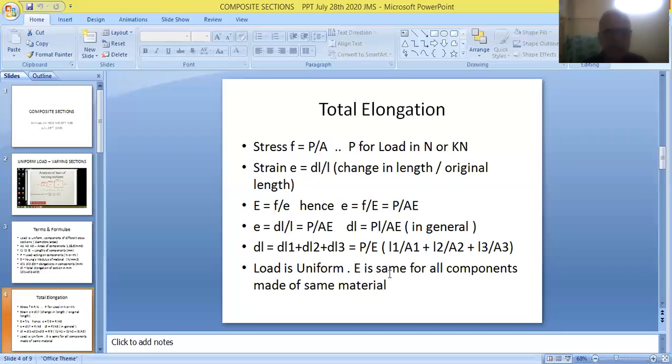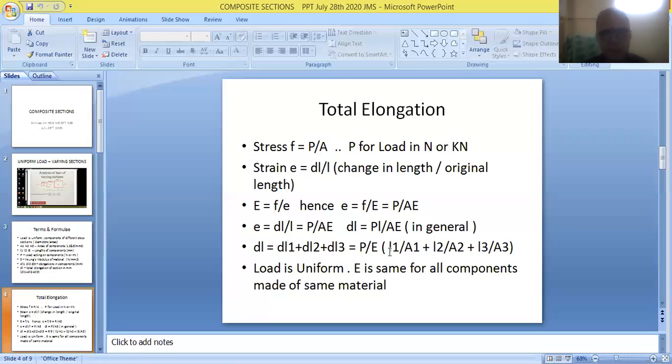Maybe for the first component, it can be written as P1 L1 by A1E. Second component, P2 L2 by A2E. Third component, P3 L3 by A3E. So on and so forth. We can write any number of equations for any number of components. But P1 is equivalent to P2 is equivalent to P3.